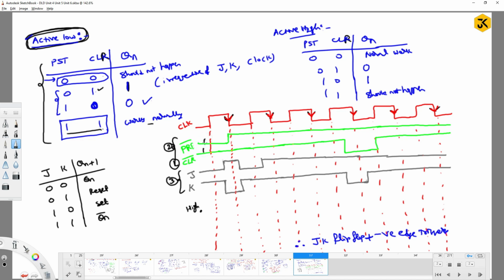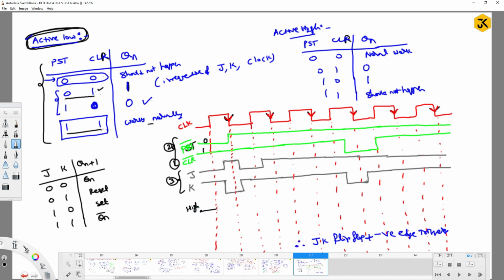When clear is active, it is the opposite, so this should be preset. I can write it in any manner. Preset is 0 and clear is 1. So the state will be 1, meaning it won't consider the inputs, it will just produce the output as given. So it is going to produce high.